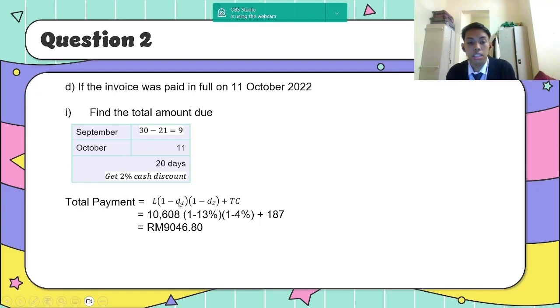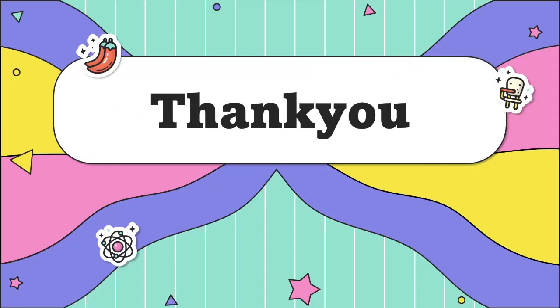We can get the D1 and D2 from the first question. So the amount is 10,608 bracket 1 minus 30% bracket 1 minus 4% plus 187. So the final answer is RM9,046.80. So that's all from us. Thank you.